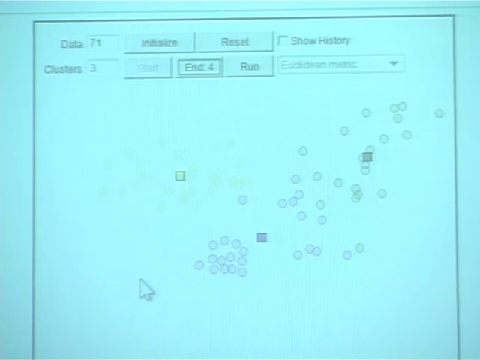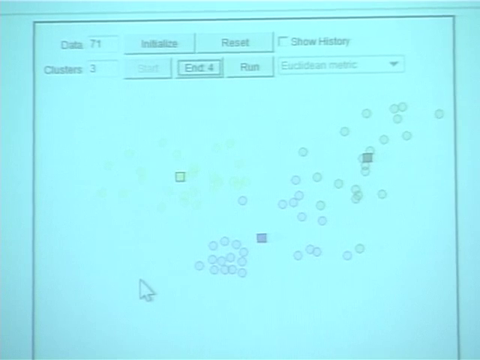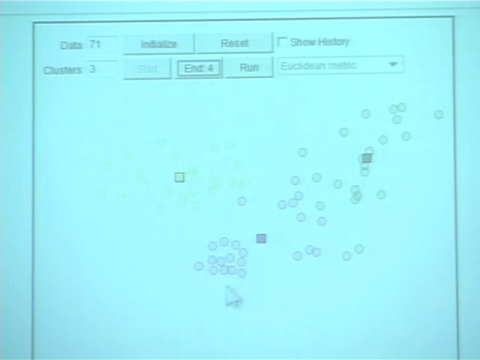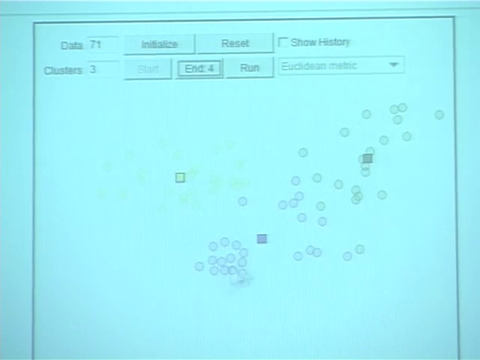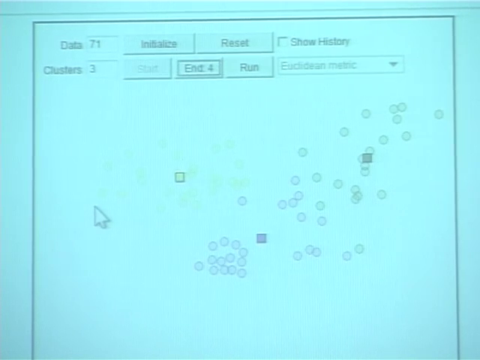So as you can see, it did well, but not really well. It couldn't find this small group of points that were really close to each other. Some members from other groups were also put into this cluster. But it was able to improve the initial clustering.